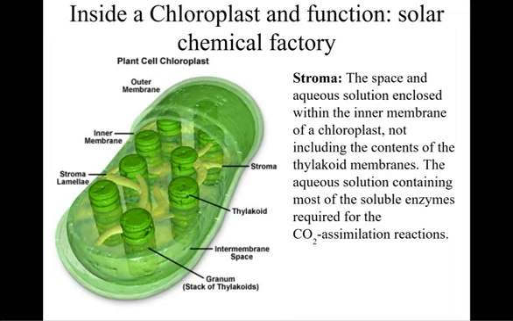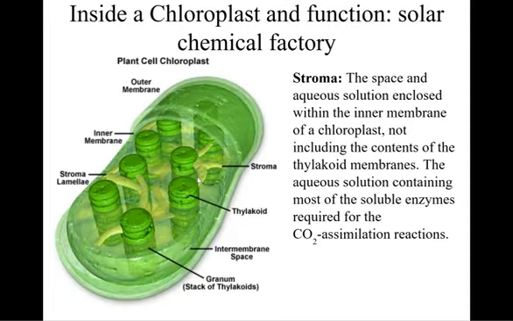This is not including the contents of the thylakoid membranes, which you see right here, those discs. The stroma solution is not located inside of the thylakoid. It's all on the outside.